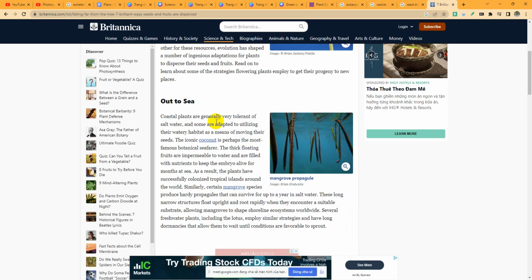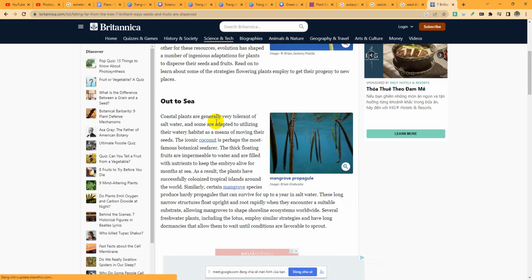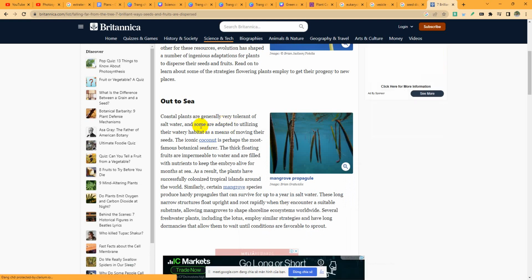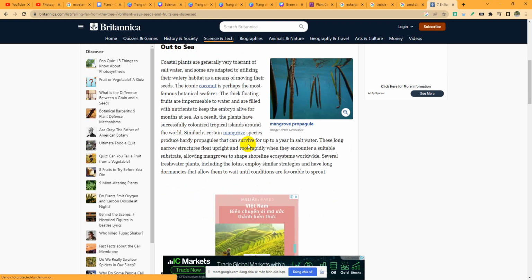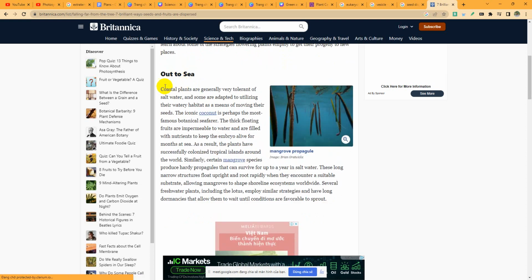So tolerant means that this plant is really resilient, that the plants can cope with numerous habitats and a lot of challenging environmental conditions. So here, coastal plants are adapted to utilizing their habitat to disperse their own seeds. So really brilliant, isn't it? So that's the coastal plants, where I'm gonna read a few sentences at the beginning of each paragraph.